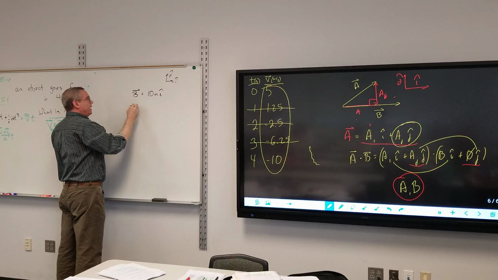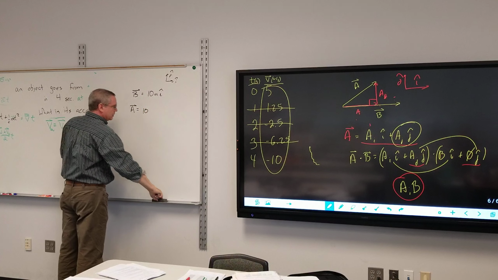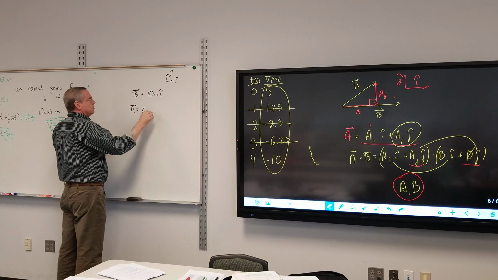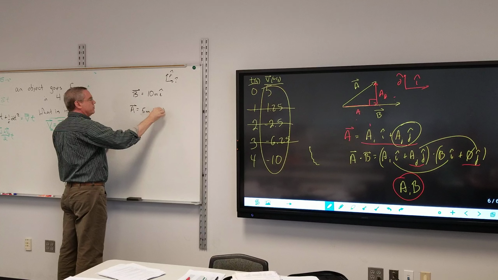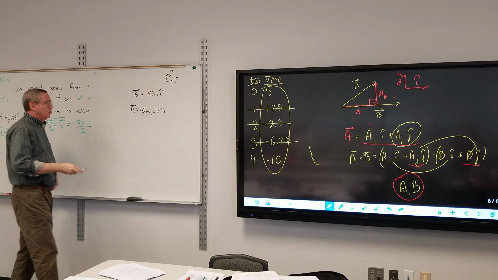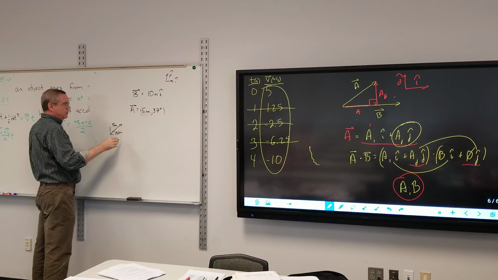I'm going to define A as 5 meters at 37 degrees. Let me just sketch out A. So 37 degrees is going to put it somewhere around there. That's my 37-degree angle. My hypotenuse is 5 meters, and I'm breaking that up into its components.